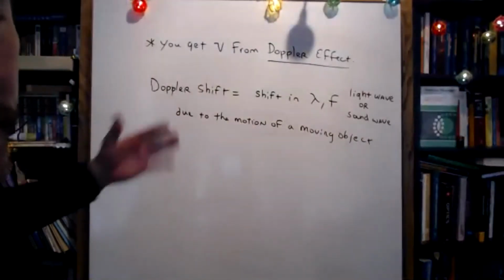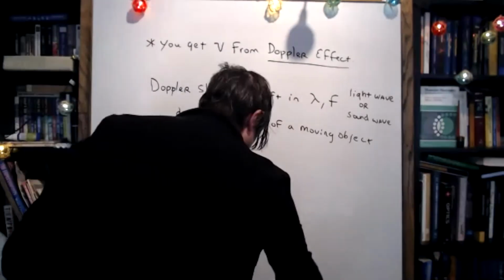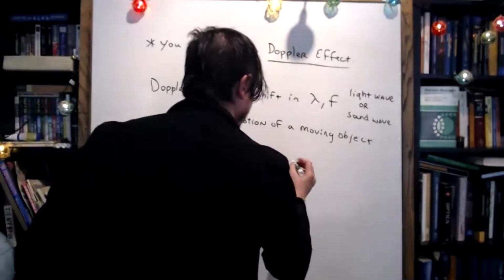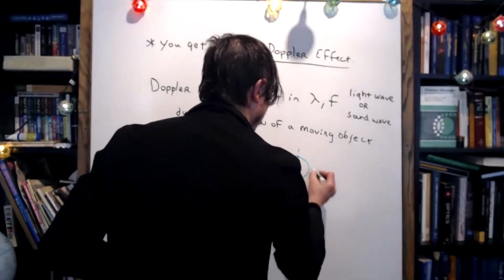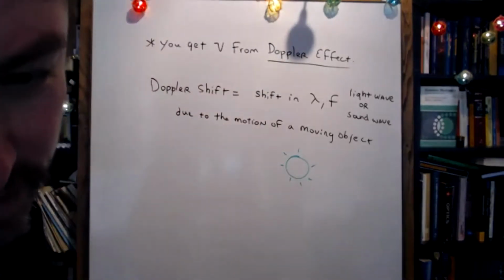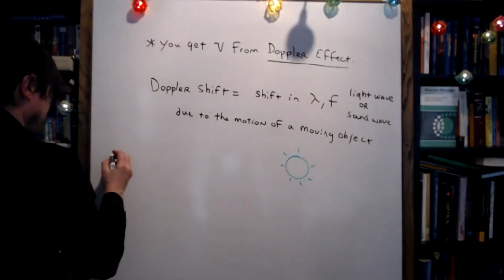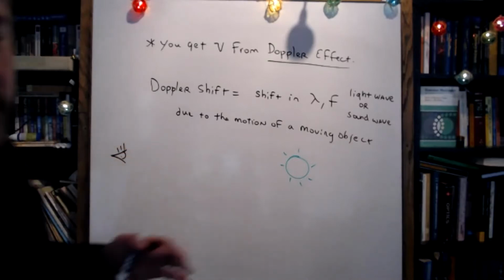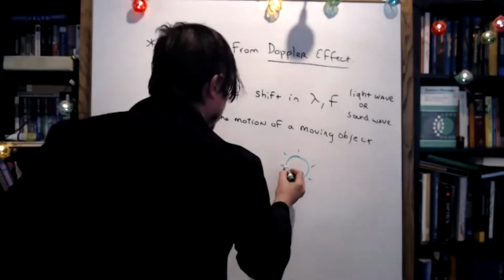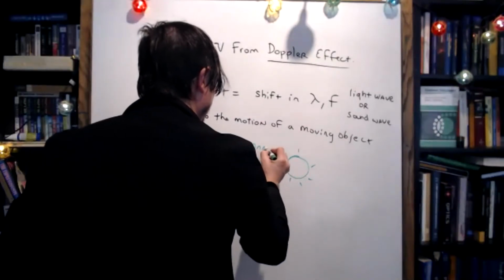So let's try to look at how the Doppler shift works with a star. Okay, let's say that you have a star. Let's make this a cheesy star that is a green star. As you guys know, there is no such thing as a green star, but we're just going to pretend for a second. And you, the observer, are over here on Earth, and this green star is emitting green light, which has a wavelength of around 500 nanometers.